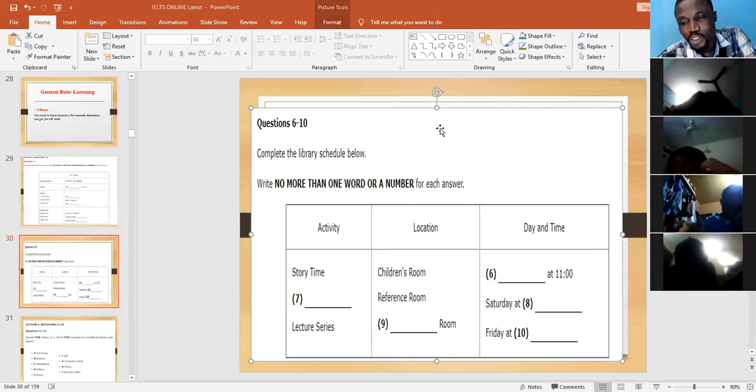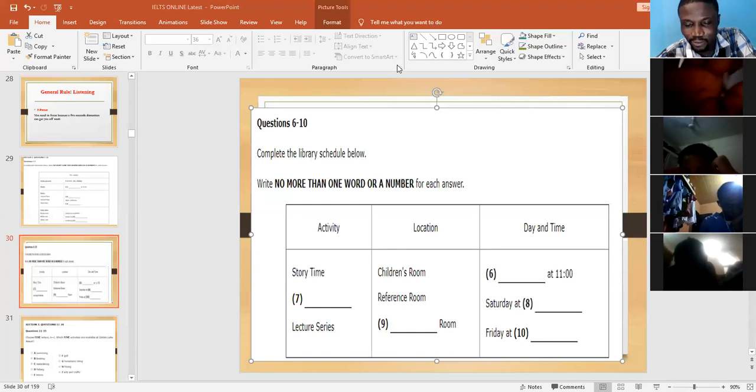In fact, until you get to the 20s, I normally recommend that the maximum you can miss is 1, because the pace of the audio is slow at that time. Just concentrate. So I will mute, then we will start. I've clearly explained the recording to you. I will play the audio, then you answer questions 6 to 10.